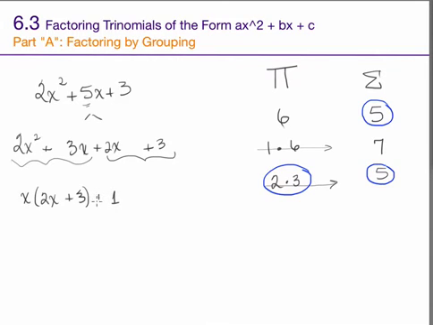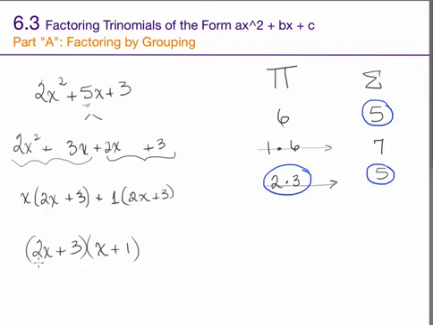Remember, 1 is a factor of everything. What's left over? Well, everything. 1 times 2x is 2x, and 1 times 3 is 3. But my binomial factors are the same. They're common, so they're my greatest common factor. What's left over? X plus 1.